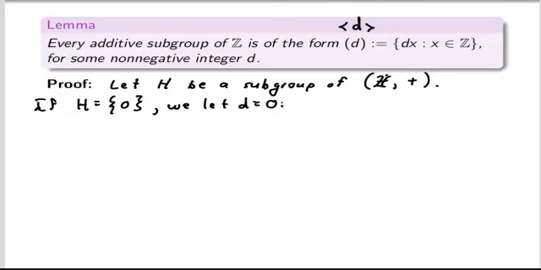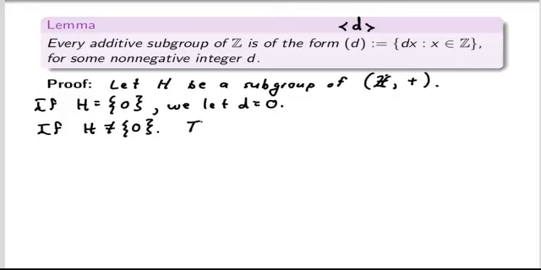And that's trivial. So let's assume H doesn't equal {0}. So in this case, it's got to contain some non-zero element, and being a subgroup, if it contains some negative element, it would have to contain its additive inverse.